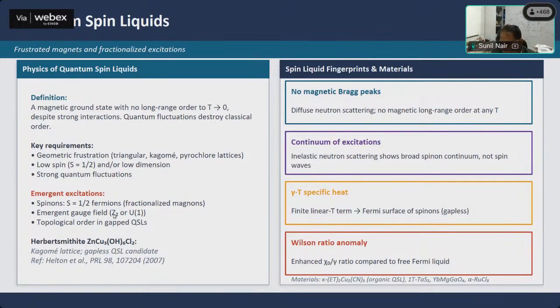Then there are issues with emergent gauge fields and gapped quantum spin liquids and so on. The reason I'm mentioning this is so that one is aware that this is an area of extreme interest. There are lots of potential avenues to do work in this area, especially from the experimental point of view, because the theory, I think, has to some extent been done.